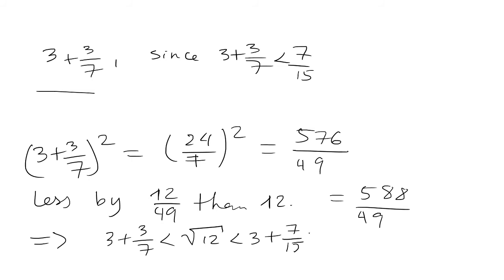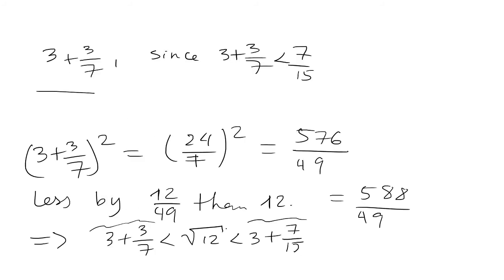Okay, so we are still getting closer. I mean, now we have a lower bound here and we have an upper bound here. So the square root of 12 is in between 3 plus 3 divided by 7 and 3 plus 7 divided by 15.